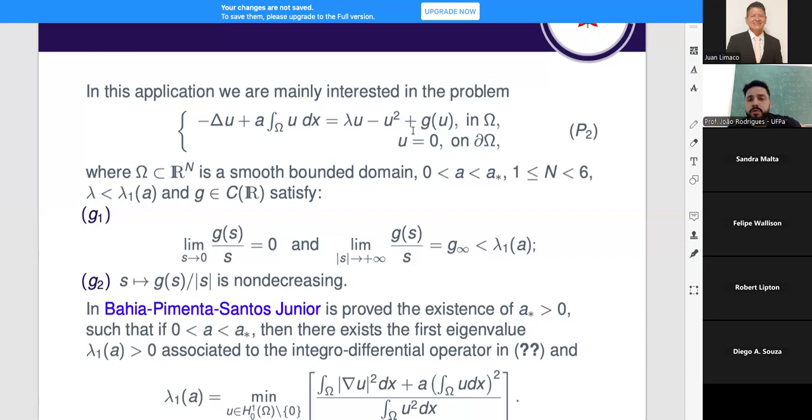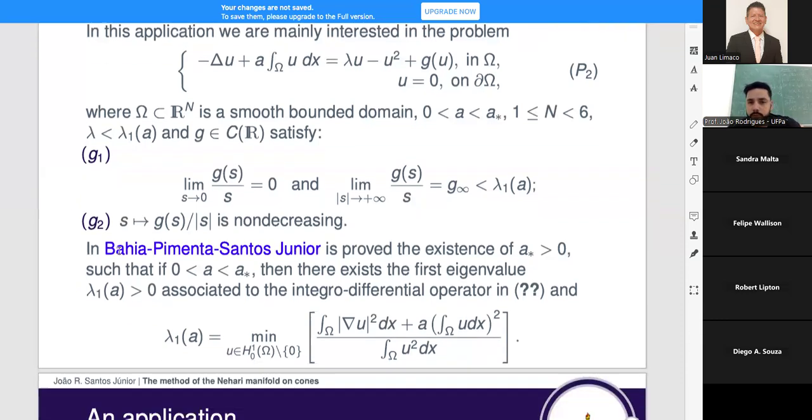Here we will consider this kind of nonlinearity, where this function g satisfies these two conditions, G1 and G2.